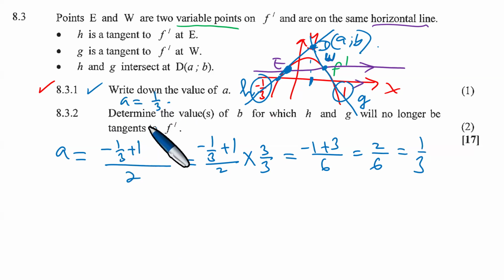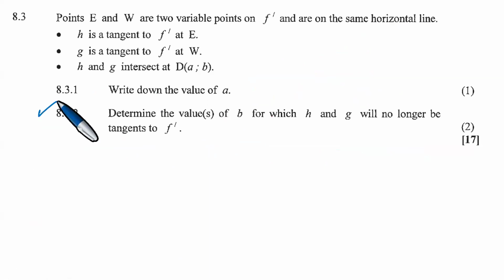Next point, determine the values of B for which H and G will no longer be tangents to F prime. Right, so now let us look at these very, very carefully.